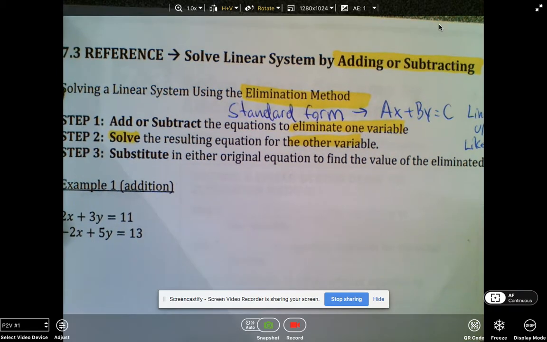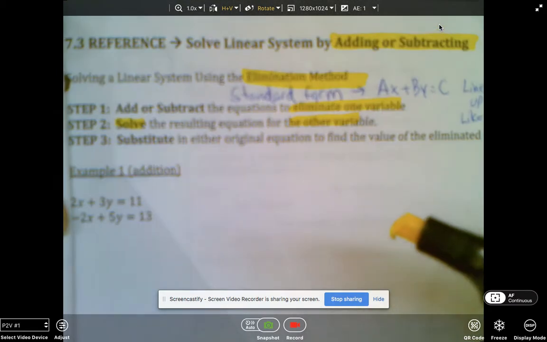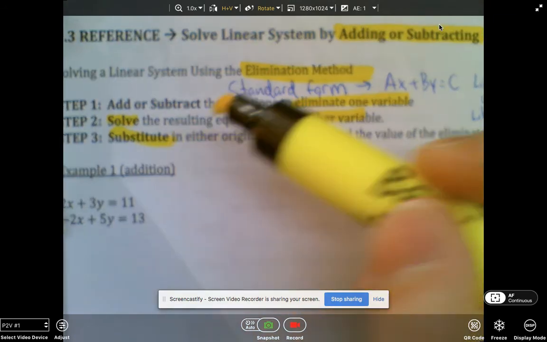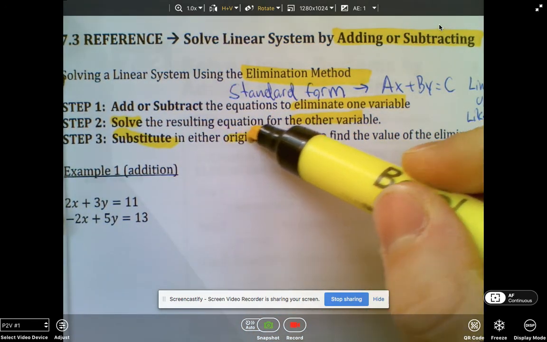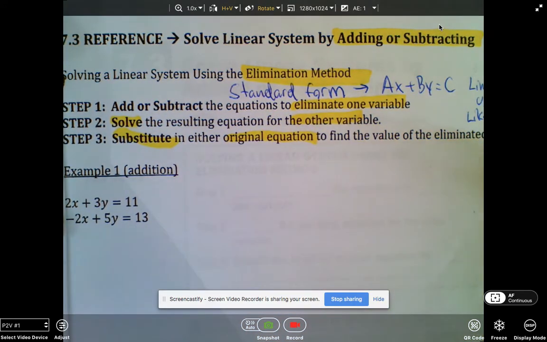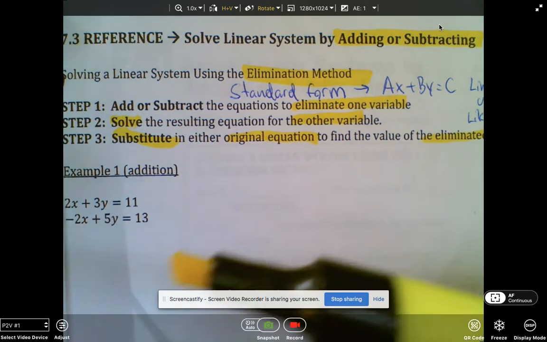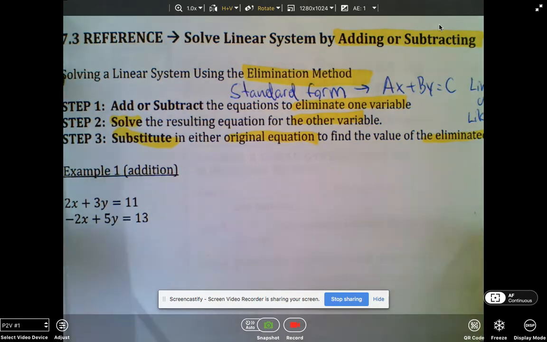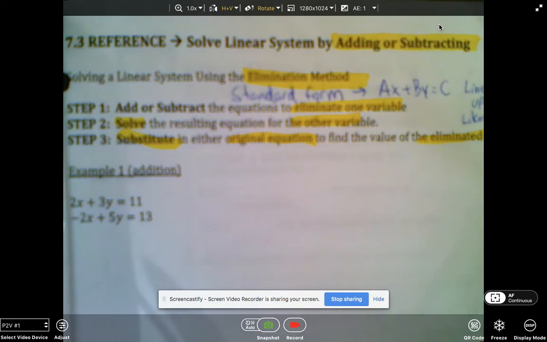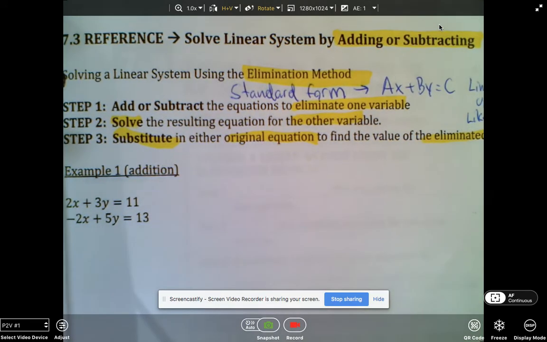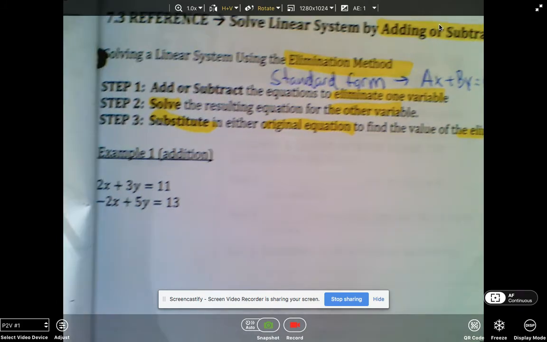And then just like before in substitution, you're going to back sub it into one of the original equations to find the eliminated variable. So this time it literally is going back into one of the original equations, not any revised equations. So let's do a couple of examples here.